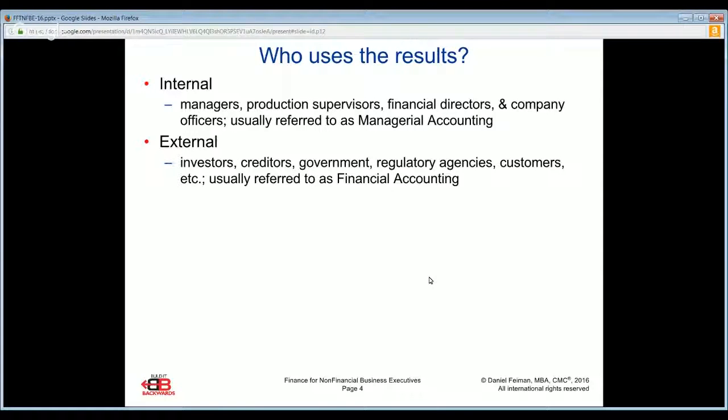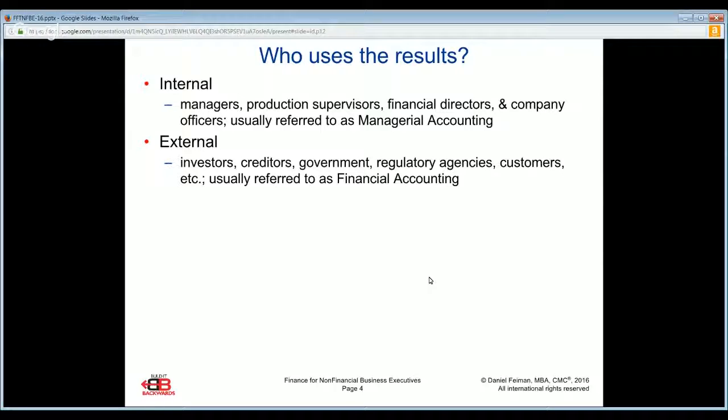It has slightly different terminology than the financial accounting that we'll talk about in a moment. And we find that it's more precise in reporting transactions internally than the financial accounting is externally. And again, we'll dive a little deeper into this in some subsequent modules. So that's the internal use of our financial results.